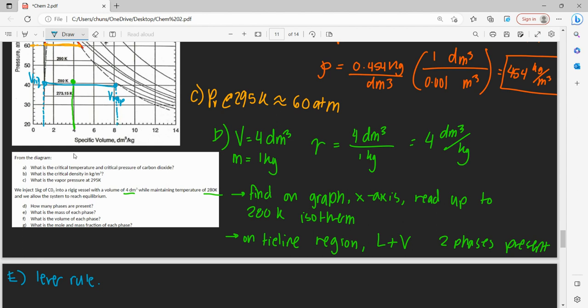So all we need to do to find what those values are is read down. So our V liquid is about, say, 0.2, 0.4, it's about 0.5. And our V vapor is roughly about 8.2.